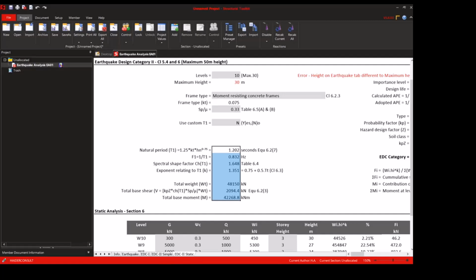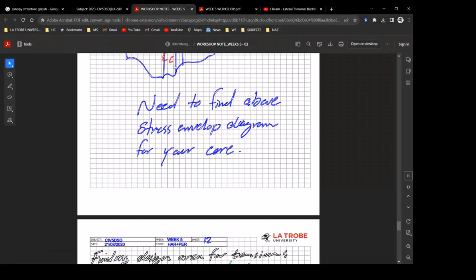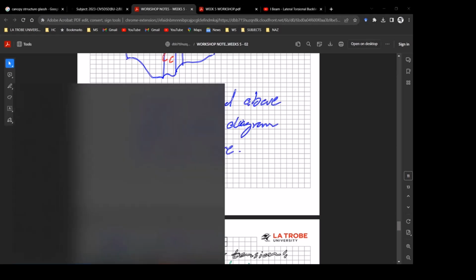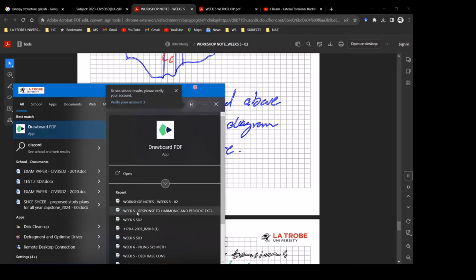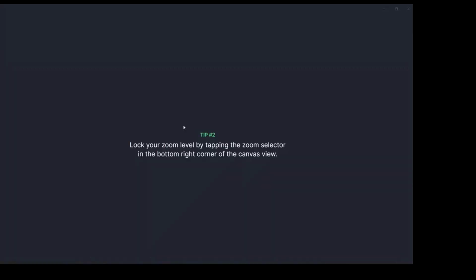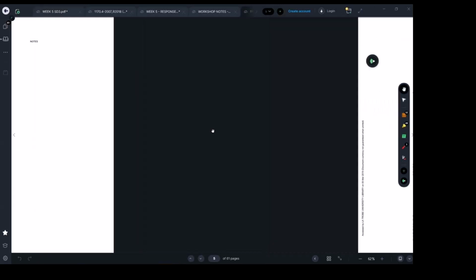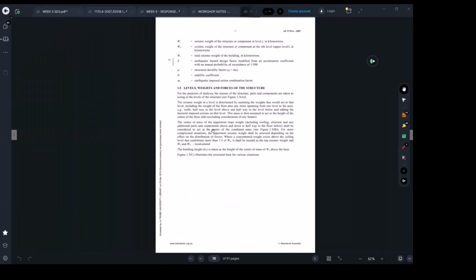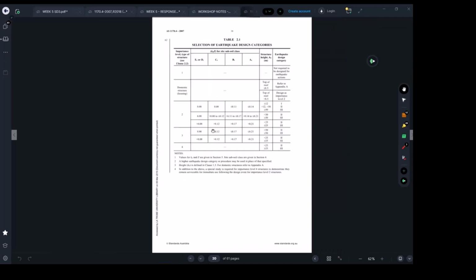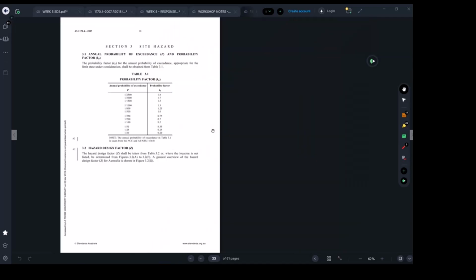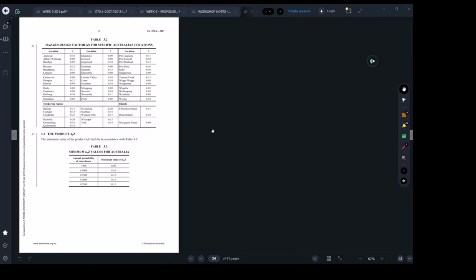But let's have a look at K1, what the standard is saying about it. Which page was it defined on in the standard?